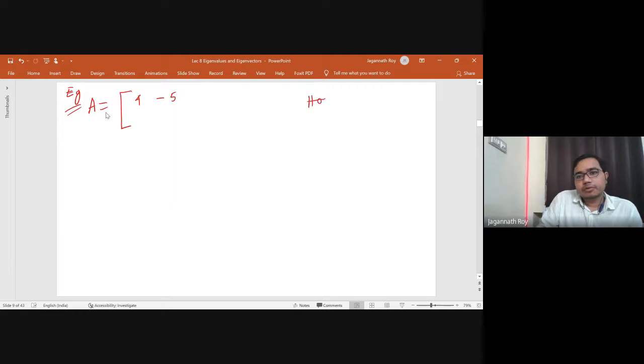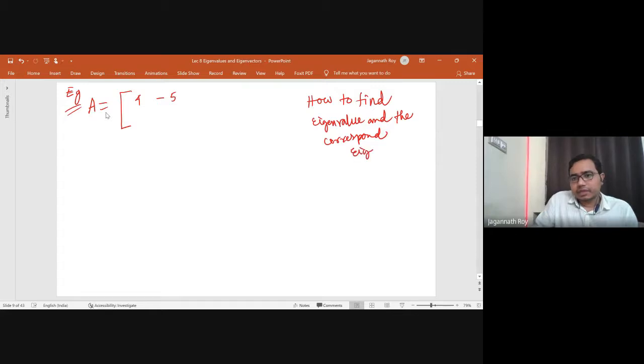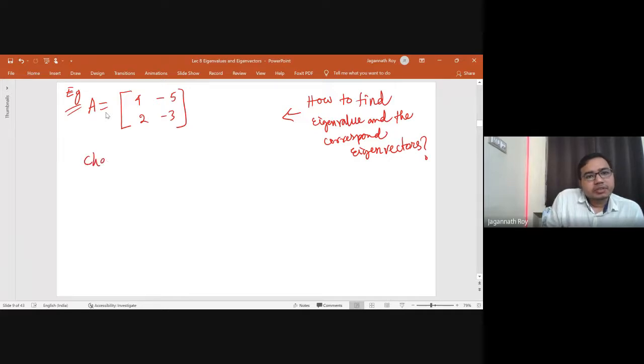The question is how to find the eigenvalues and the corresponding eigenvectors. Then what will be the characteristic equation?